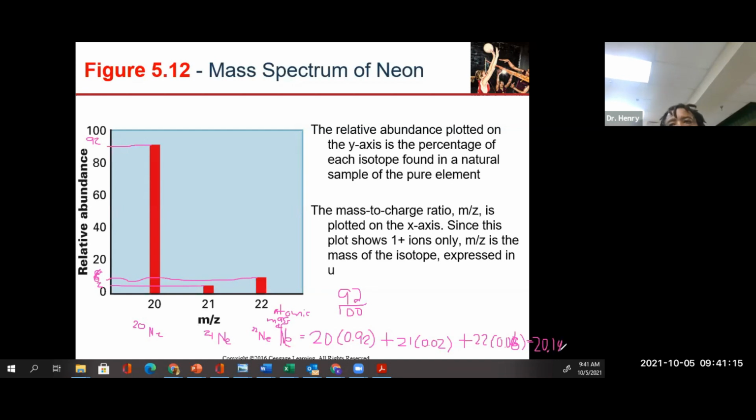Okay, so I get 20.14 when I redo the math, because it should add up to a total of 100%. So 0.92, 0.02, and 0.06 should add up to 1.0.